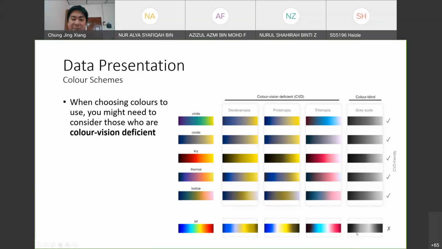So small values are also black, very high values are also black, but in the middle is white. So the message you want to convey might be misunderstood or misinterpreted by people with this handicap. And so depending on your audience, you might want to consider the colors you use when you plot your figure.